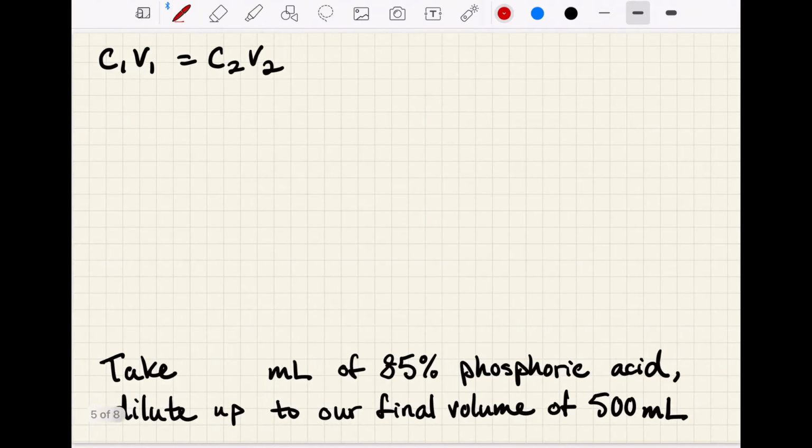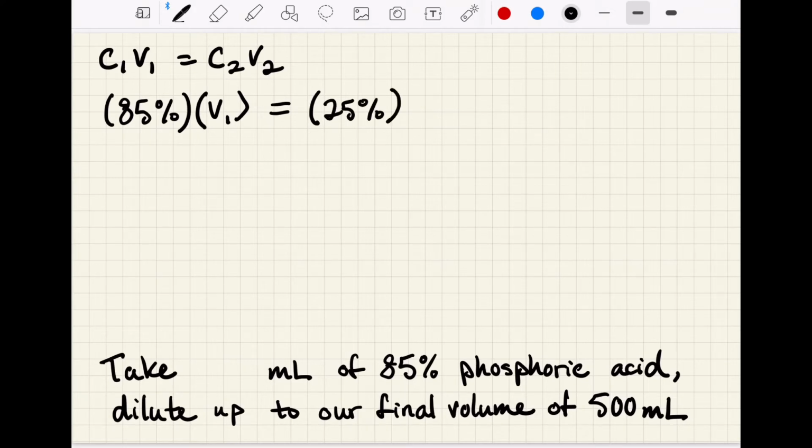Okay, so using our equation, we know that our starting concentration is 85%. We don't know our starting volume. We don't know how much of that 85% we're going to need. But the information that we do have is that we know our ending concentration and volume. We want to be a concentration of 25%, and we want an ending volume of 500 milliliters.